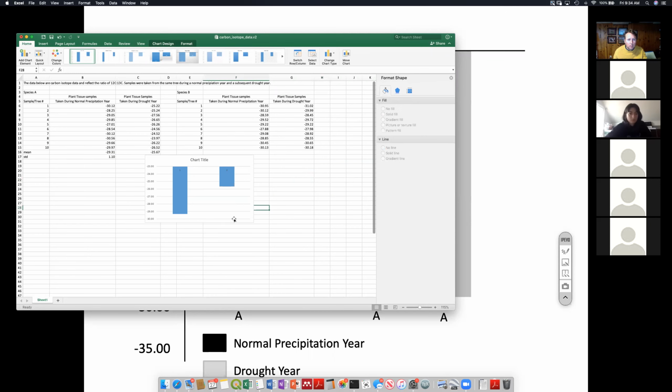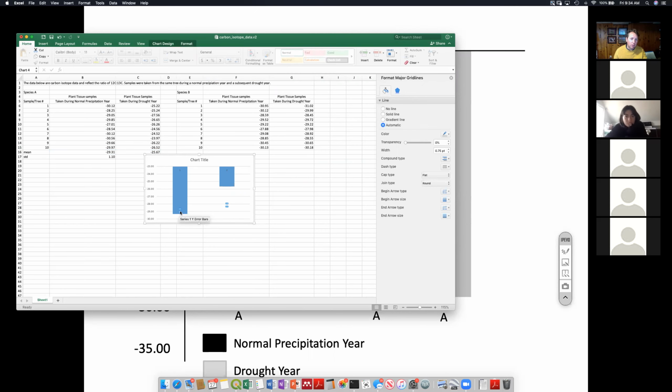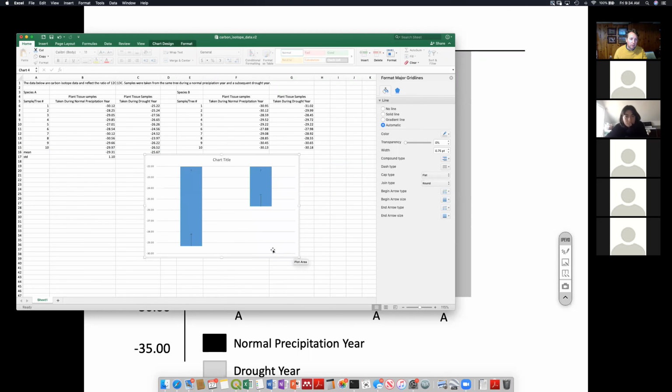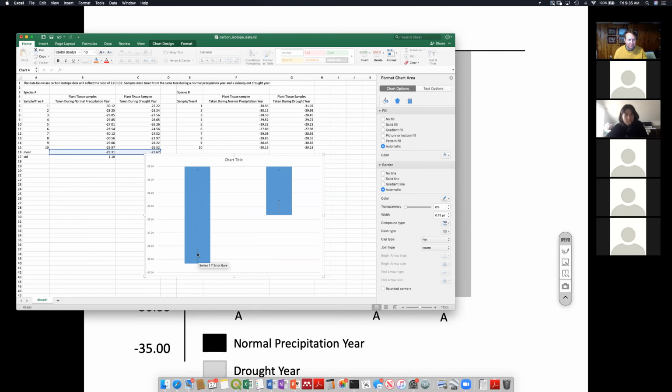Then somehow my error bars don't even show up. But at any rate, that's how you put the error bars in. Then you just have to wrestle with Excel and figure out how to get them to show up. I'm not sure why these are not plotting on this other side, but that's part of Excel.